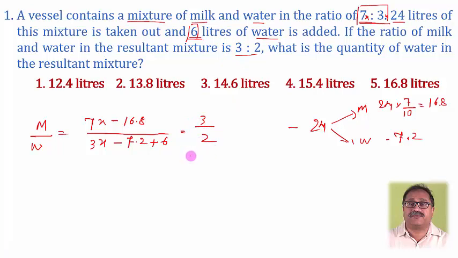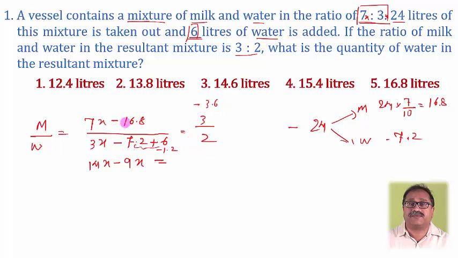This is the equation form. Now by solving the equation, I get the x value. Let's do it. 7 into 2 is 14x, and here 3 into 3 is 9, so minus 9x is equal to, now when I solve this, minus 7.2 plus 6, I get here as minus 1.2. So here 3 into minus 1.2, I get minus 3.6, and here 16.8 into 2.